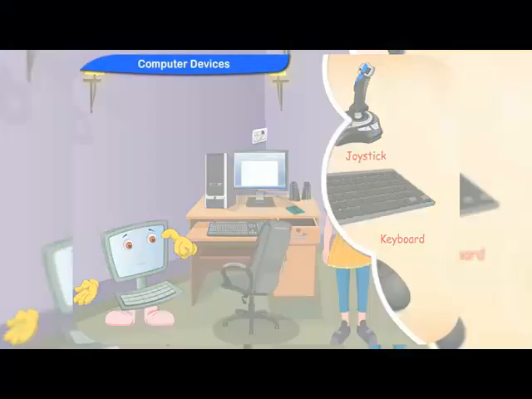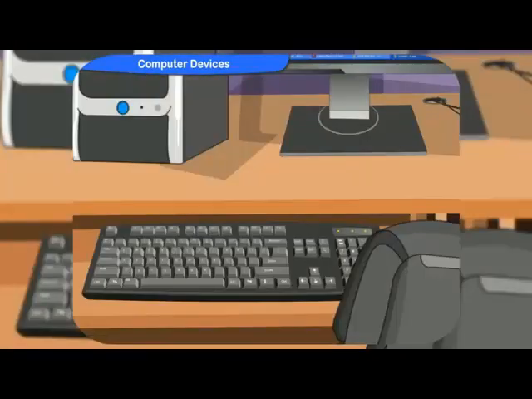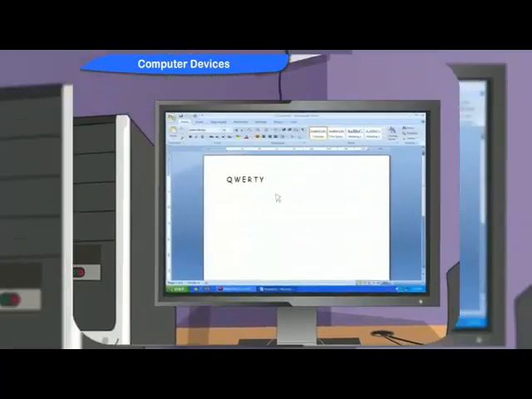Yes, Rennie. I understand. By pressing the keys of the keyboard, we tell the computer what to do and the letters and numbers appear on the screen. So this keyboard is an input device. You are right, Rennie.